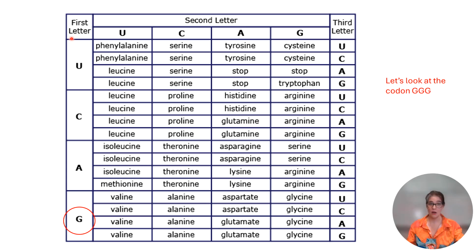So these are all representing the first letter. Next, you're going to make sure that you're only looking in the G section. So it goes straight across this rectangular codon chart. Next, we're looking for the second letter, the second G, and we find it right here.